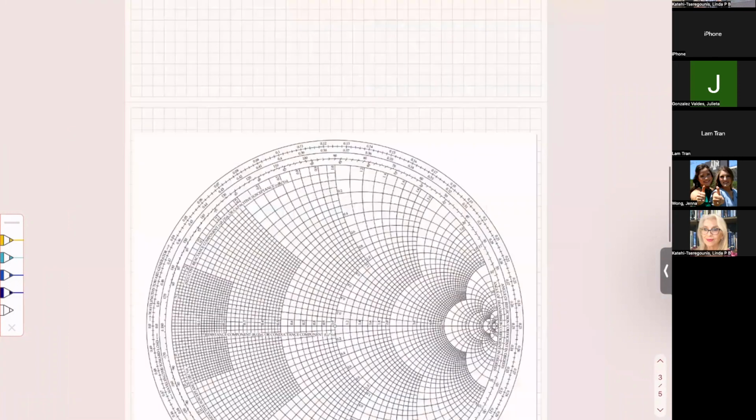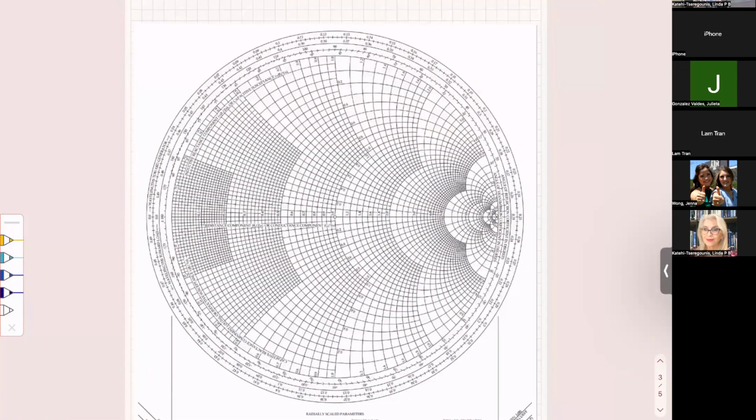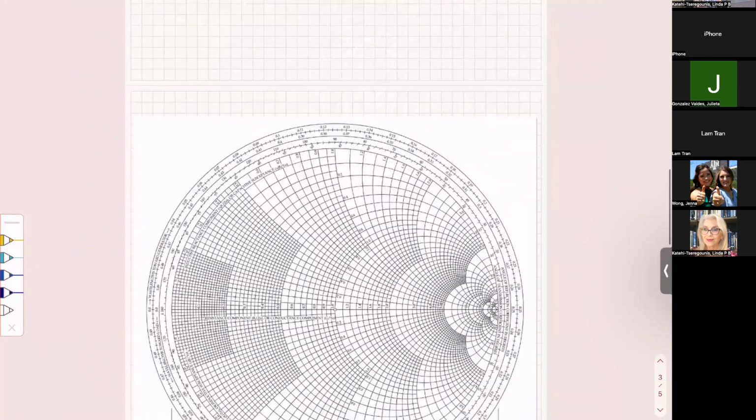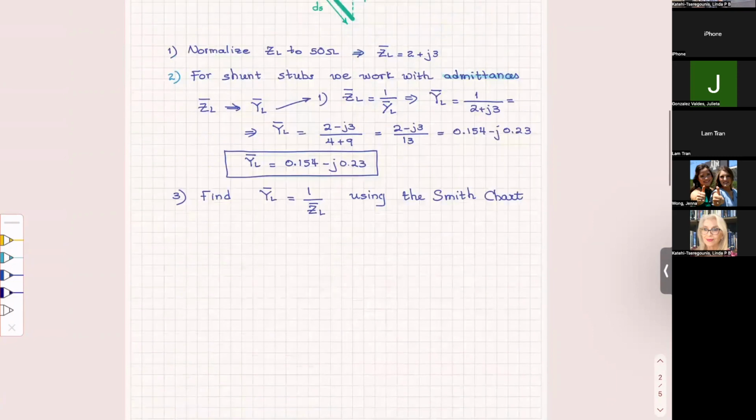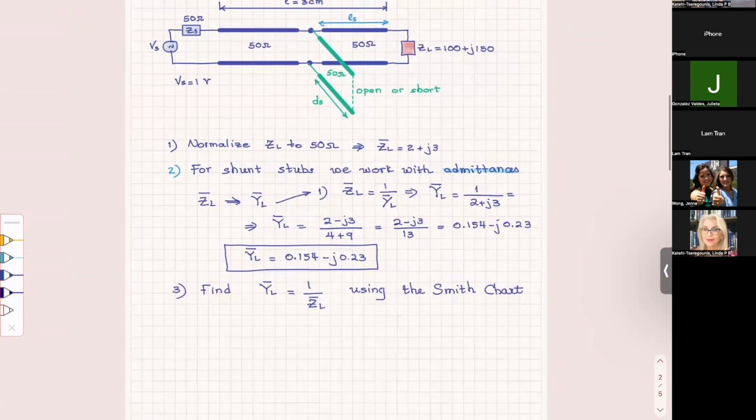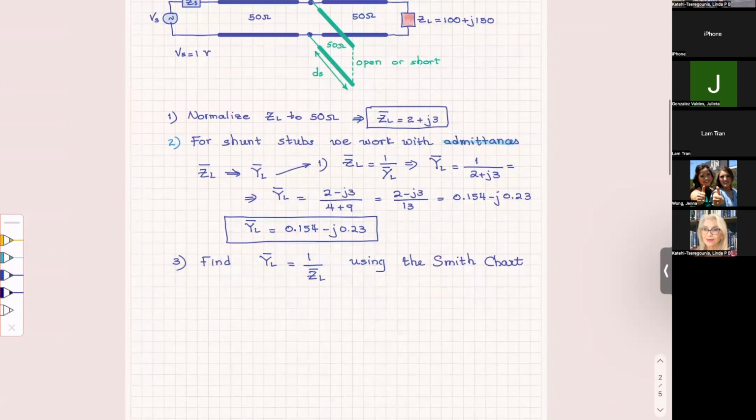All right, how do we find Y_L? So let's also do that. First of all, number one, find Y_L. How do we do that? First of all, we place on the Smith chart Z_L normalized, which is here, 2 plus j3.